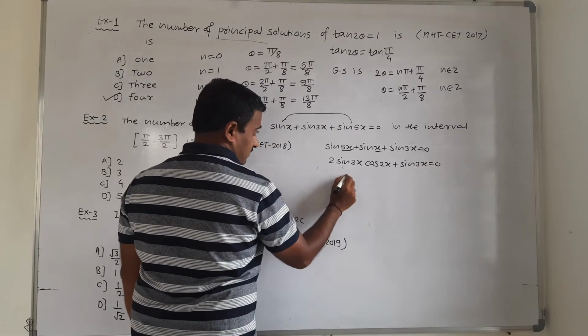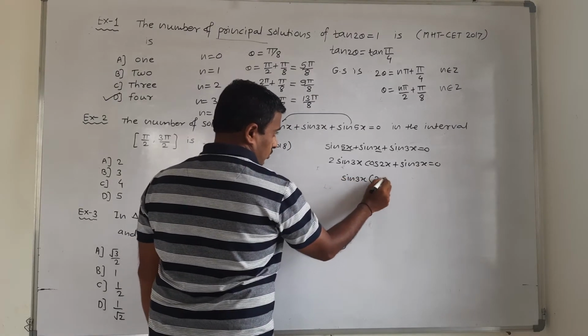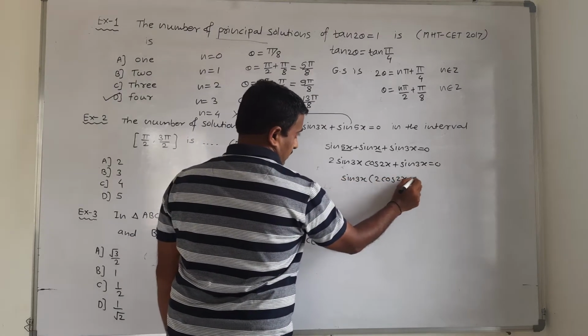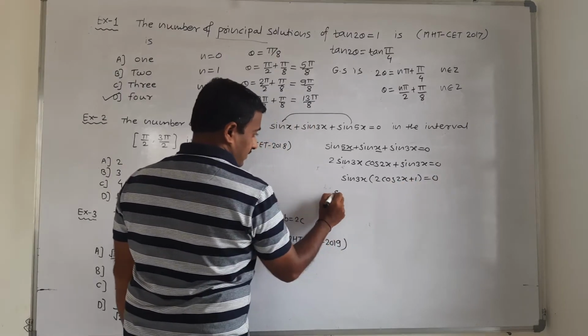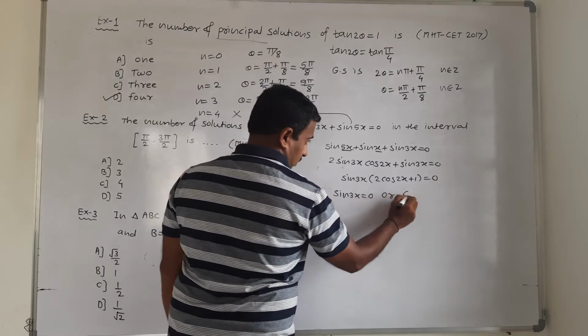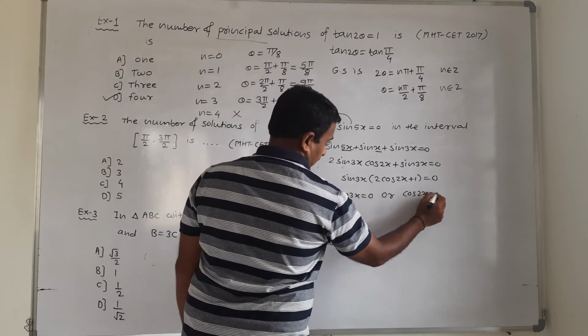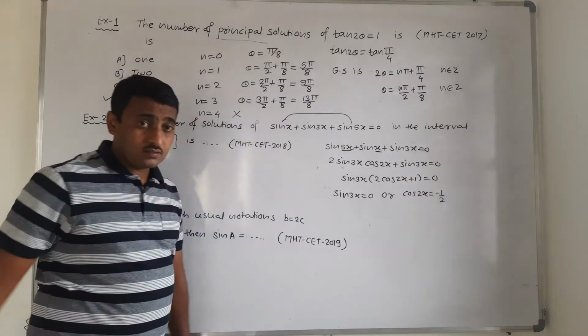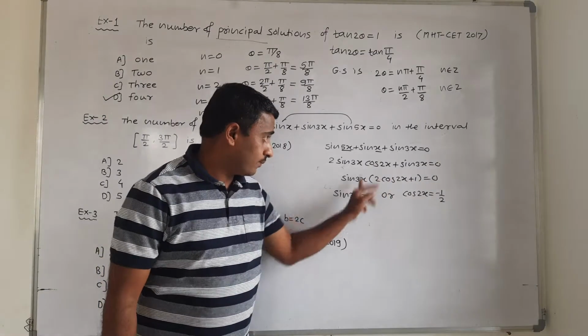That is sin 3x common, 2 cos 2x plus 1 is equal to 0. That is sin 3x is equal to 0 or cos 2x is equal to minus 1 by 2.